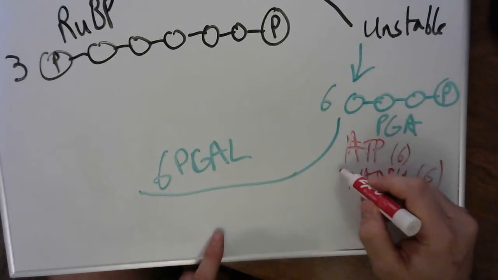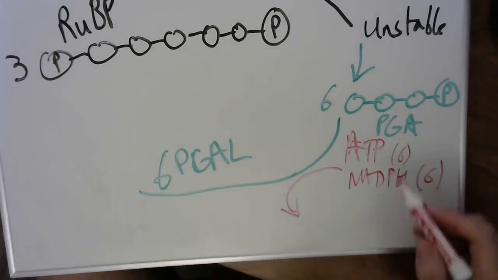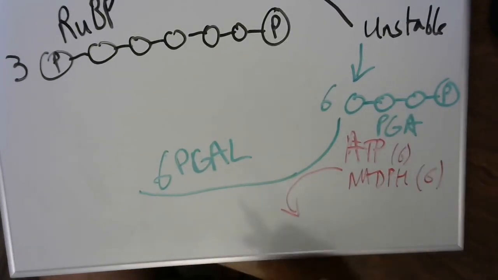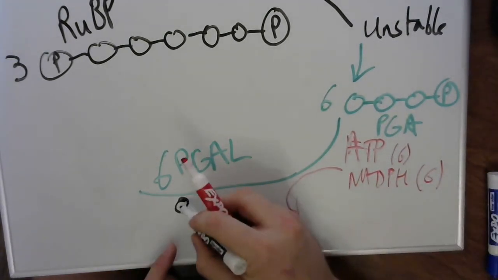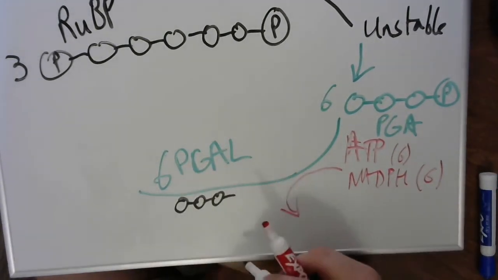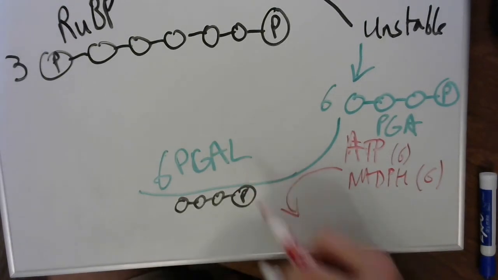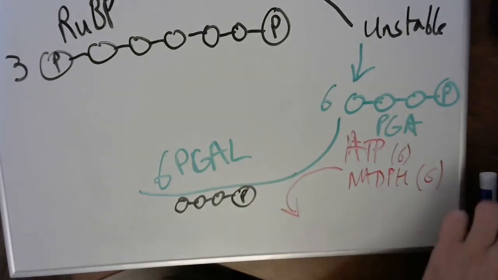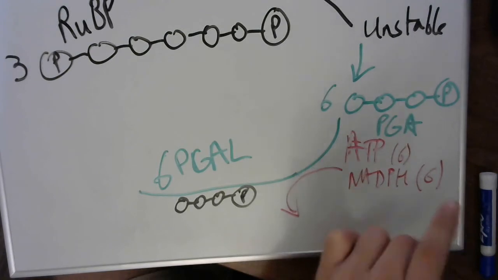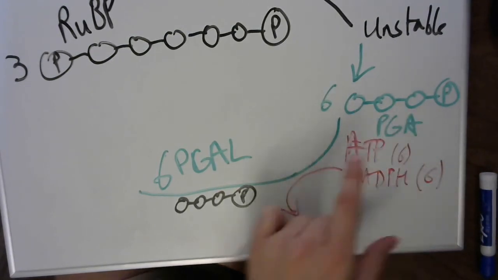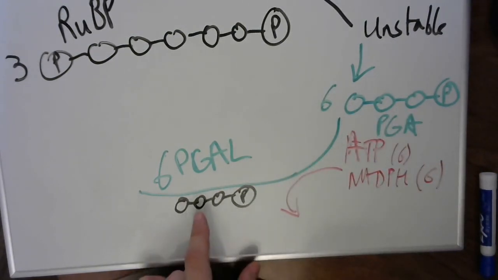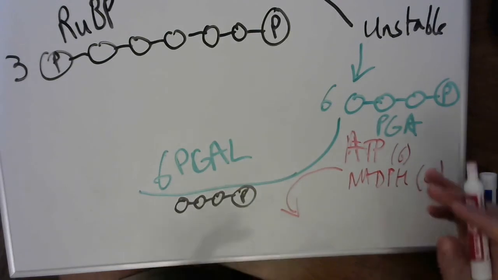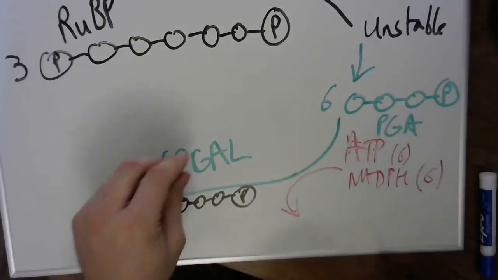You use those to do all that change of PGA to PGAL, because PGAL, remember, is that 3 carbon molecule, and it still has its phosphate here. It looks similar, but remember those are just the carbon backbones. It's different than the PGA, although it's a 3 carbon as well. That's why you don't need to add carbons or take carbon away here.